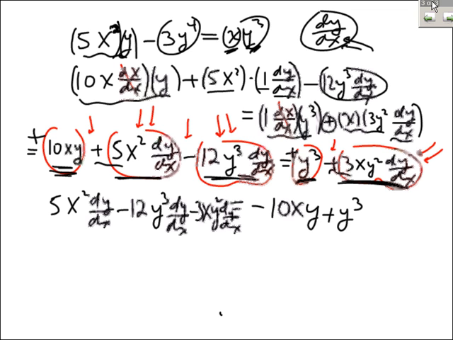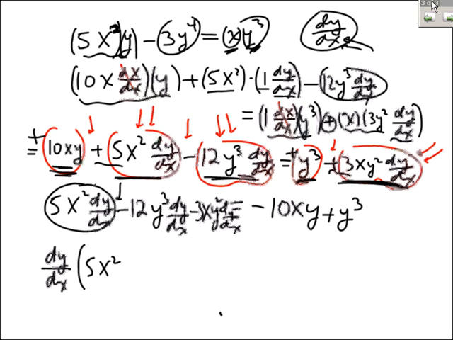Now, as promised, every term on the left side has dy dx. On the right-hand side, no dy dx. So I factor out dy dx. Dy dx times 5x squared is that.